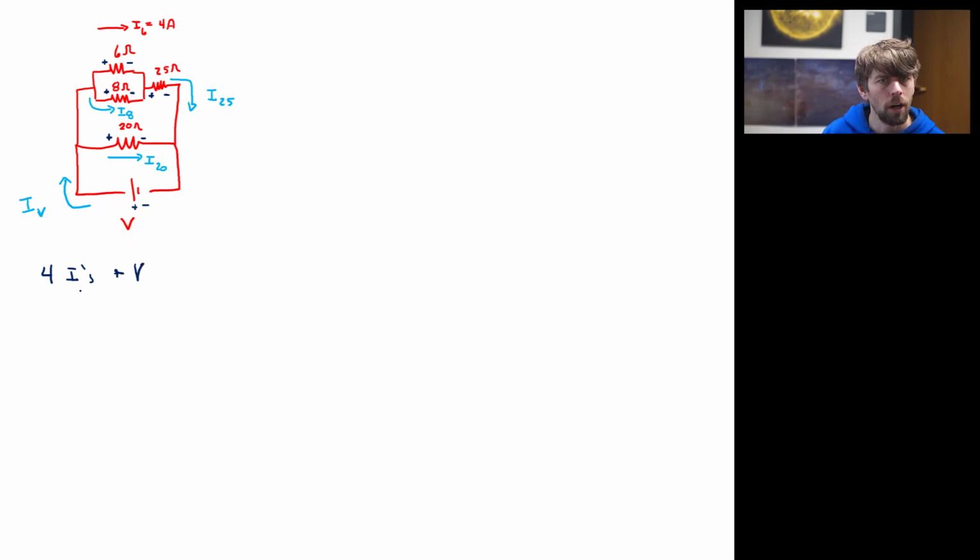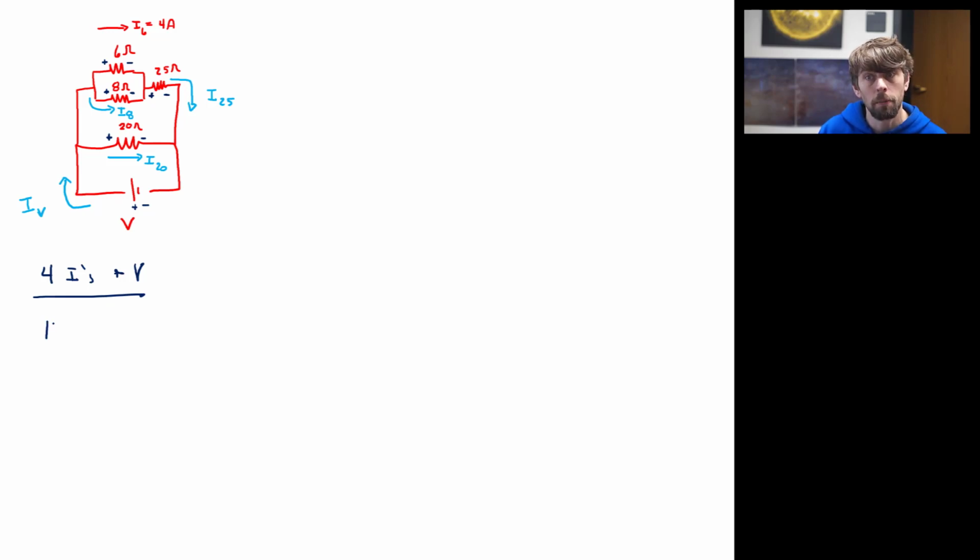More often than not, it'll just be the currents are unknown and the battery potentials are known. But here, I just chose a problem where V isn't given. It's perfectly fine. So we have 5 unknowns at the end of the day. So we are going to have to find 5 equations. Okay. So let's go ahead.